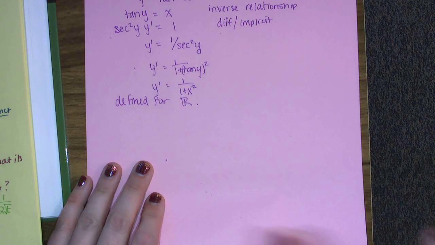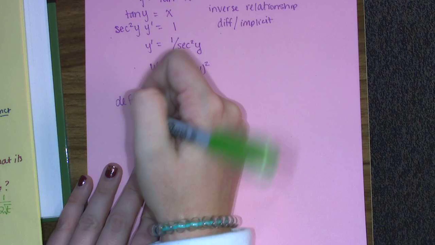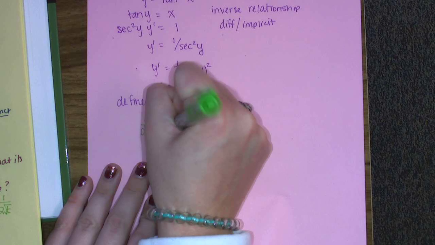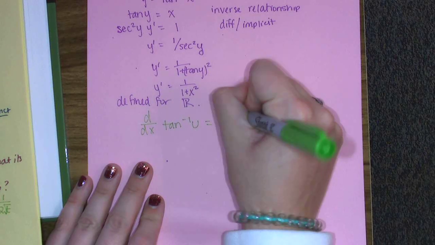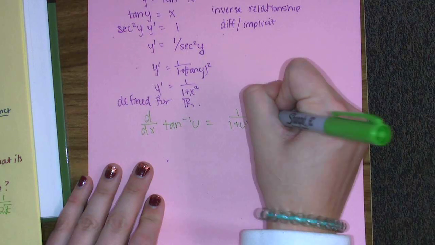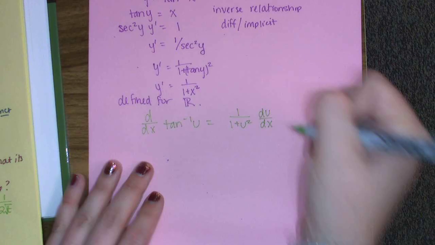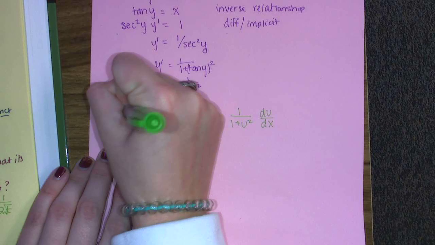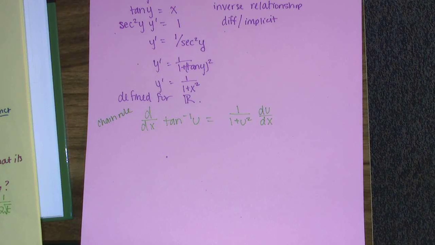Just know that it means all the same stuff as it did in the previous one. Basically, d dx of the arctangent of u is 1 over 1 plus u squared times du dx. So just taking the derivative of u. So this is for the chain rule of that particular one.